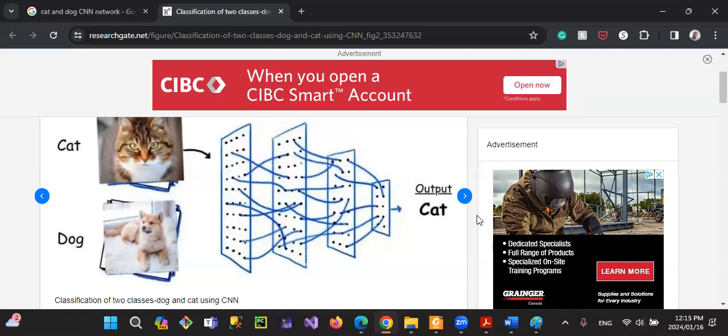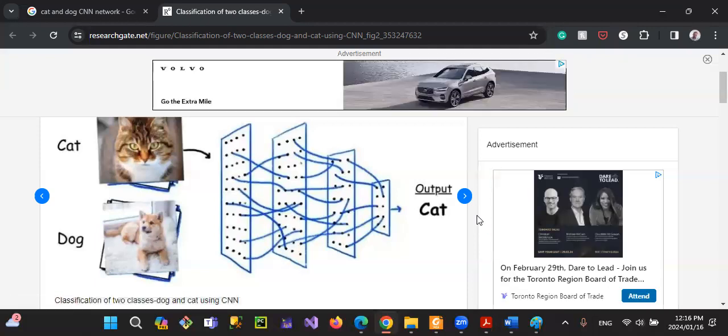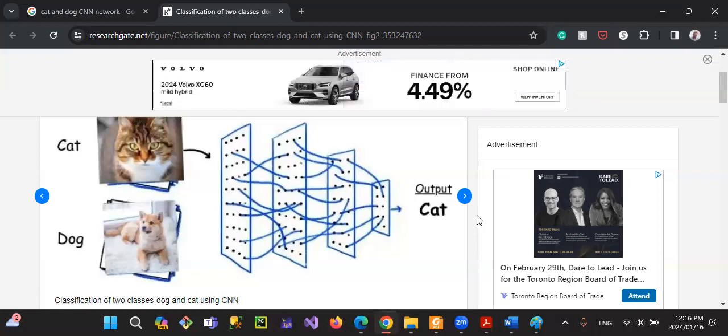So the loss function is what calculates the loss. There are two other names that people use for the loss function. What are the names for loss function?